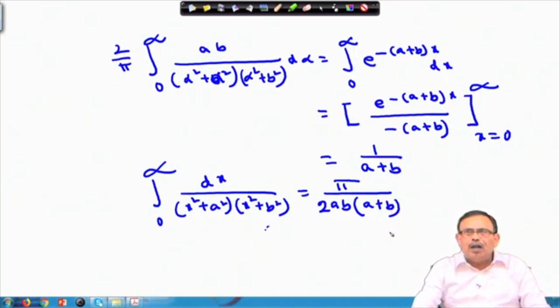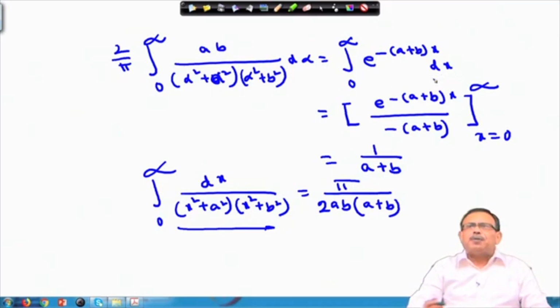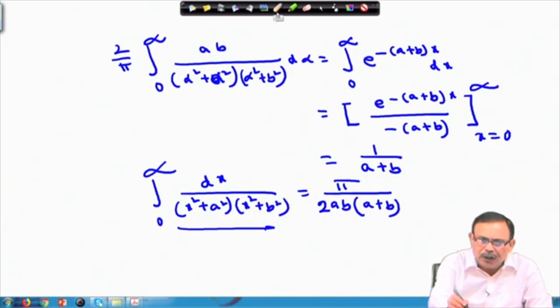Please note one thing: to obtain this, I just had to integrate the e power minus a x form, nothing else. Using the earlier properties of Fourier transforms and the theorem we have done, we very easily obtain the result of the given equation.